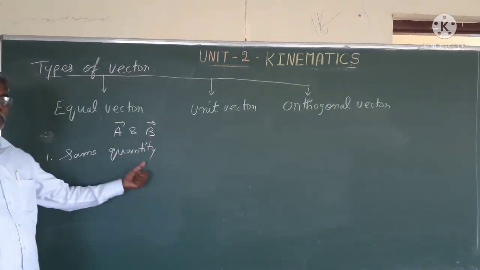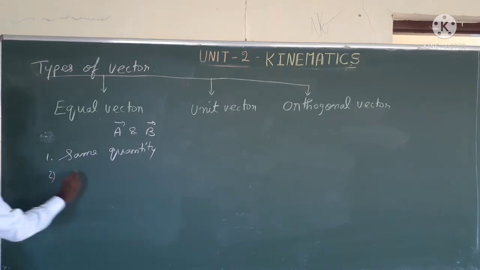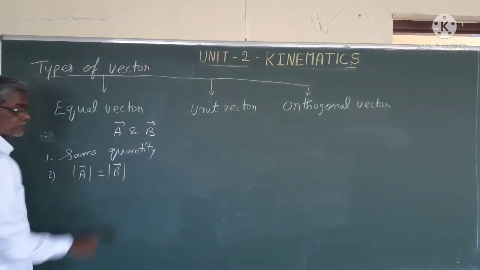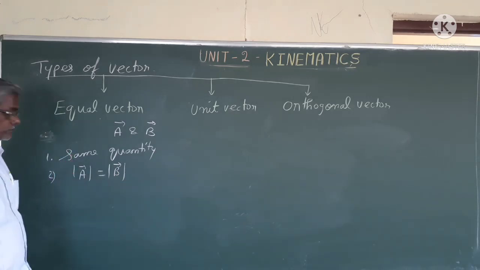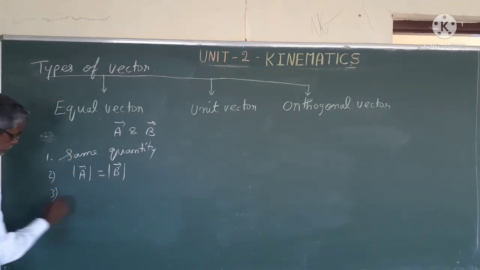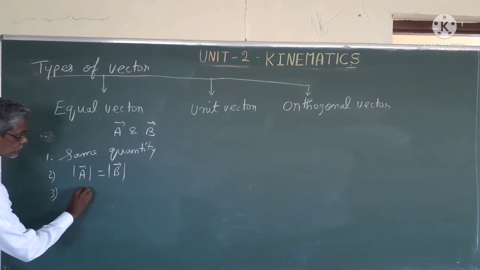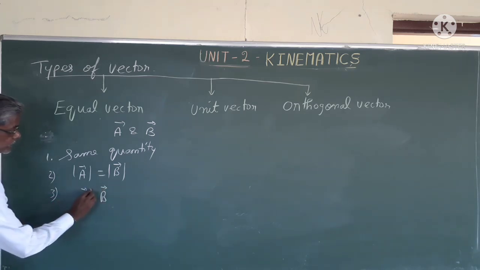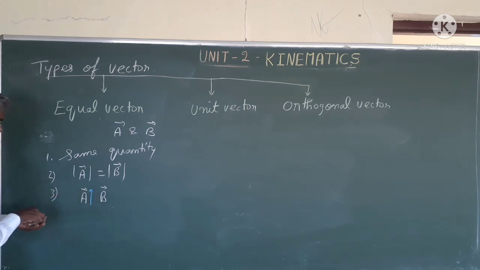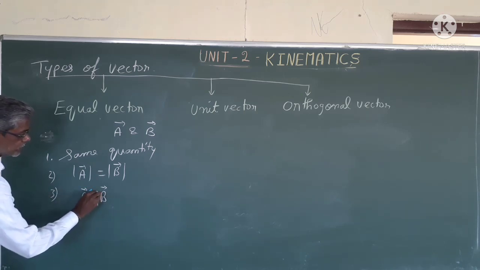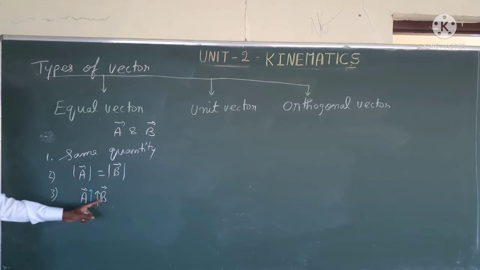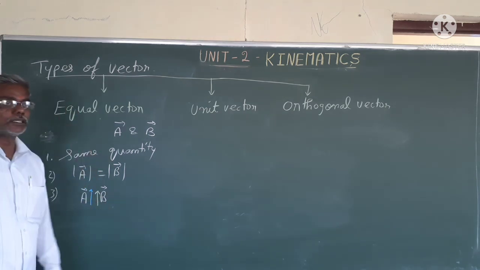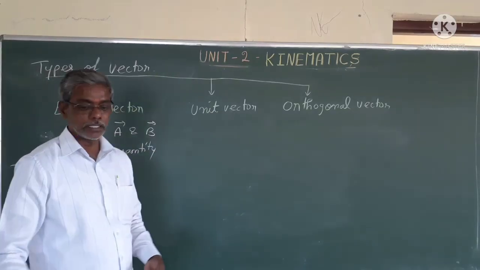Next, the magnitude of A vector must be equal to that of B vector. The third one is that A vector and B vector must be in the same direction. Then we can call them equal vectors. Clear?